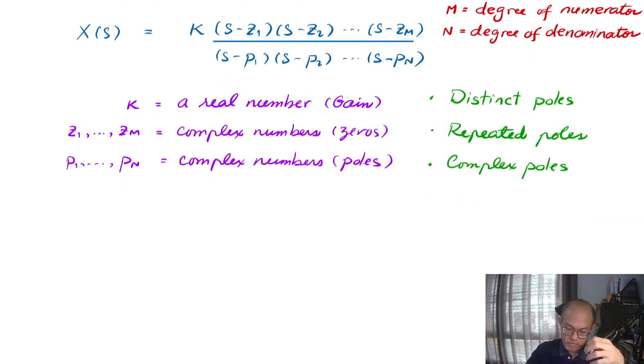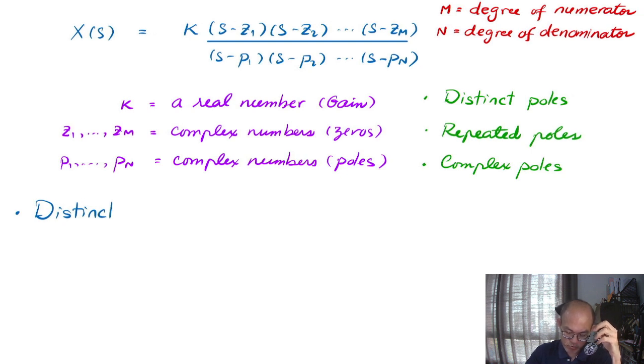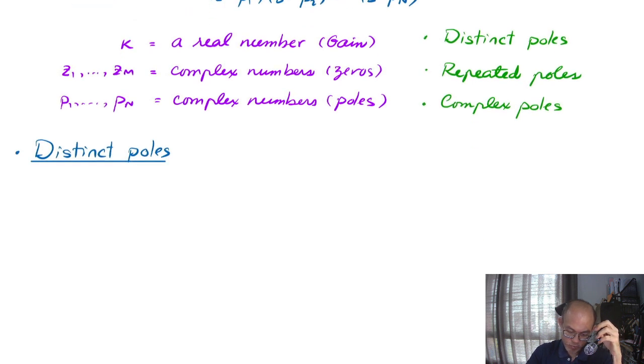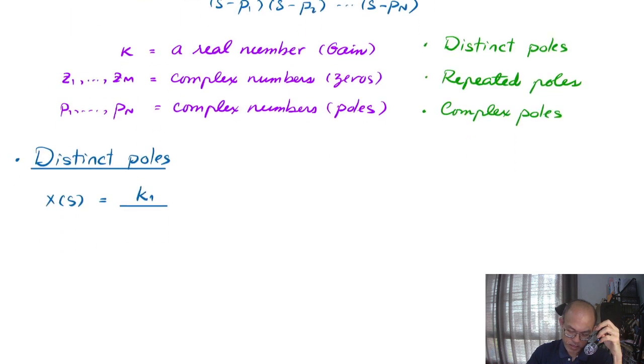Now, for distinct poles, all poles are distinct. We can write X(s) as K1 divided by (s minus p1).